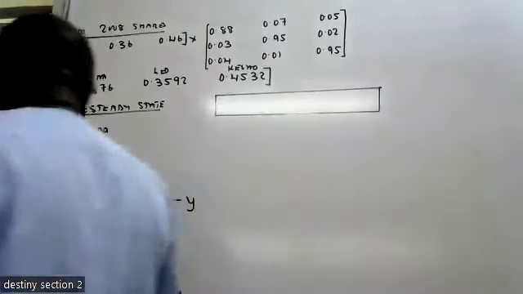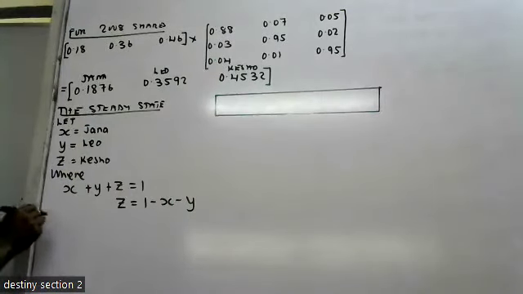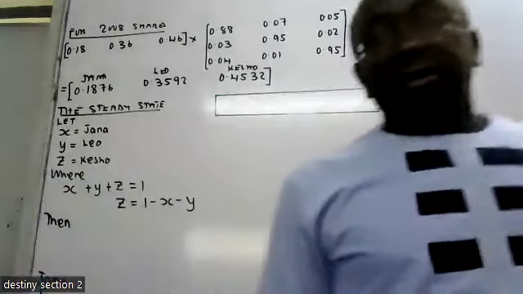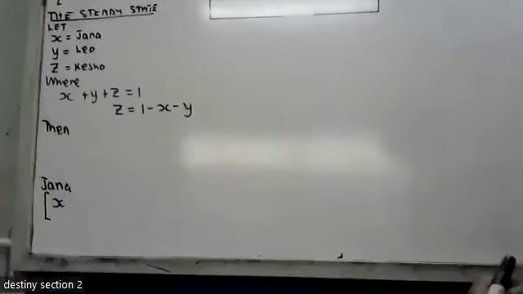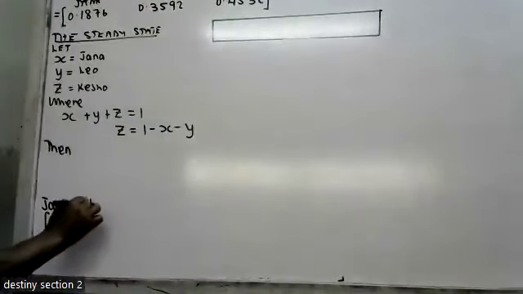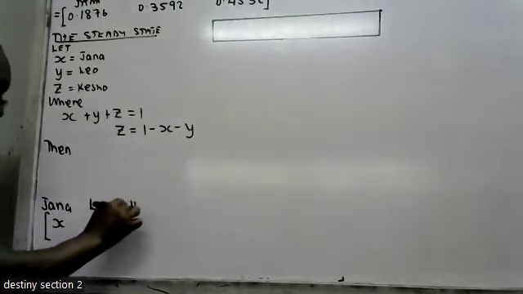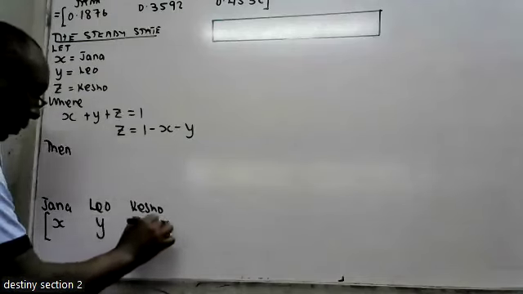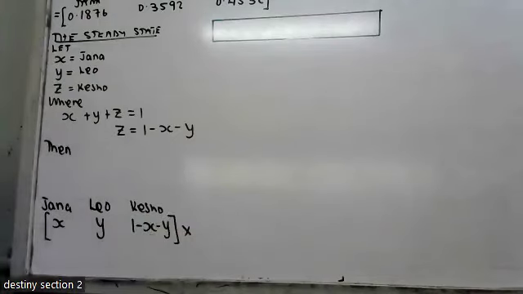But when we substitute Z, you just solve 2 equations. So it makes our work easier. So if that is true, then if I come here and I say this is Jana, Jana is represented by X. Then this is Leo, which is represented by Y. And this is Kesho, which is represented by Z. But instead of Z, I will now bring 1 minus X minus Y. Multiplied by the transition matrix.